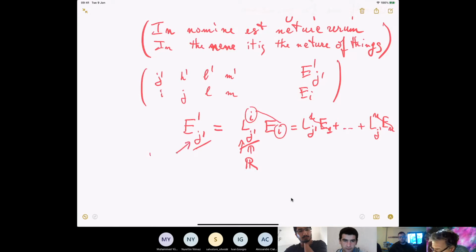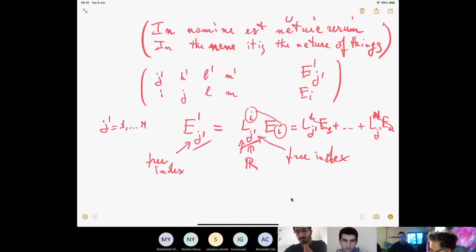This is what we will call free index. And the set of free indices is the same on both sides of the equation. And j prime can go from 1 to n.